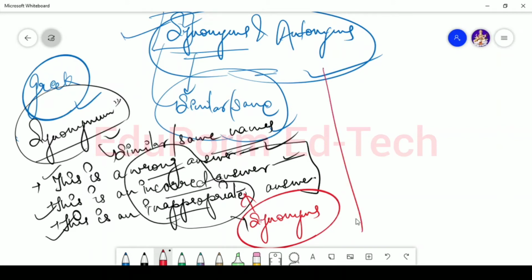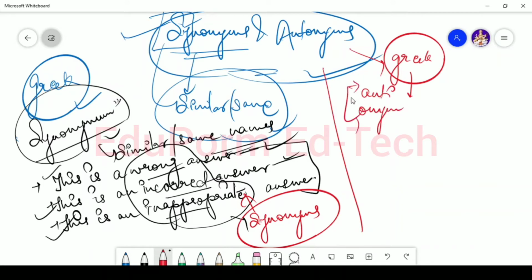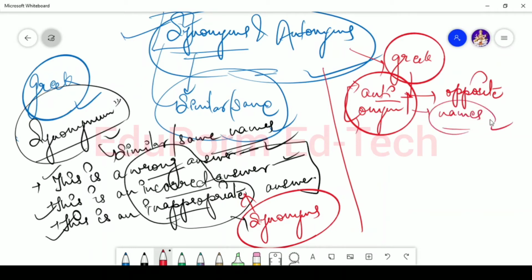Now let's talk about antonyms. Antonyms again have a Greek origin. It is made up of the words anti plus onym, where anti means opposite and onym means names.